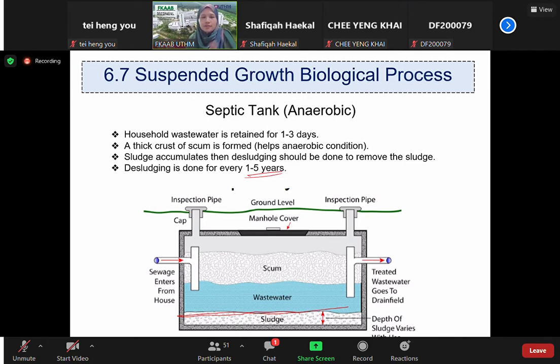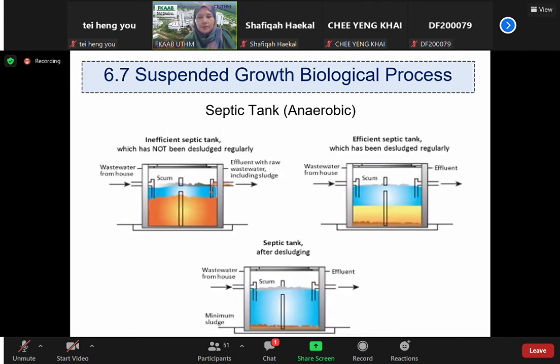So the process is actually a biological process lah, which means the biomicrobes will do the decomposition during this process. Okay, how do we know that your septic tank is efficient or inefficient? It is based on this level.